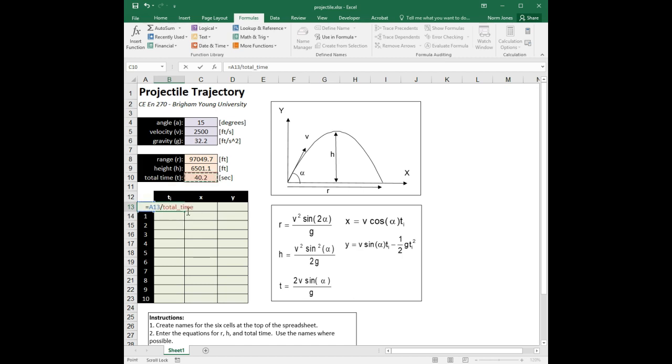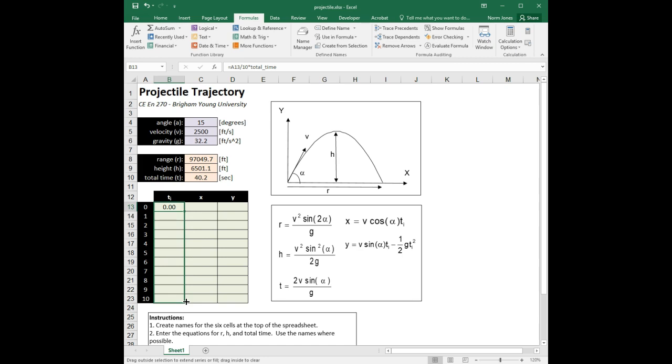Now when I click on that, you'll notice it puts in its actual name, and that is an absolute reference, which is what we want. Oh, excuse me, I did that wrong. We should have A13 divided by 10 times the total time. There we go. That's what we want: that number to the left divided by 10 multiplied by the total time.